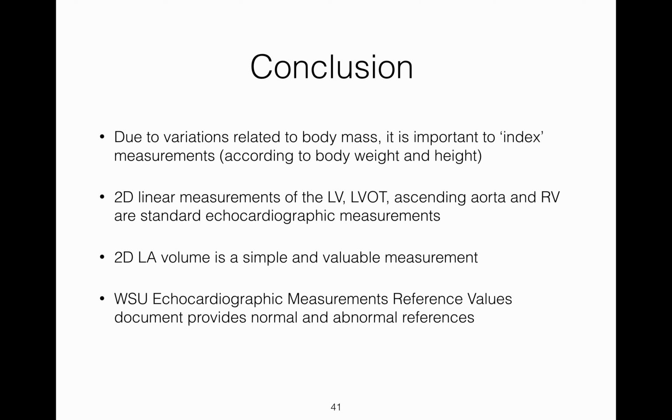So, in conclusion, due to variations related to body mass, it is important to index measurements according to the patient's weight and height. 2D linear measurements of the left ventricle, the left ventricular outflow tract, the ascending aorta, and RV are standard echocardiographic measurements. 2D left atrial volume is a simple and valuable measurement.